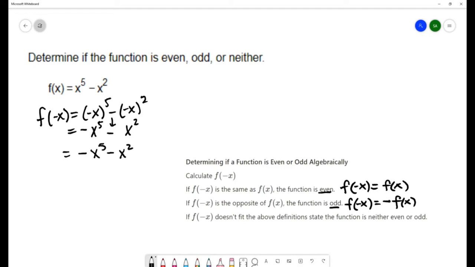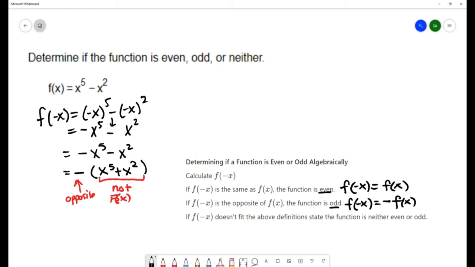Now when I look at this, I could factor out a negative to see if it is the opposite of the original function. But when I factor out that negative, which makes the opposite, this is not f of x. And so we don't have the opposite of the original function.